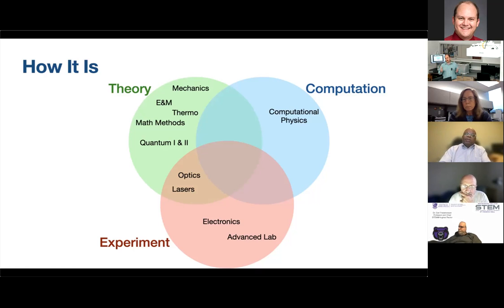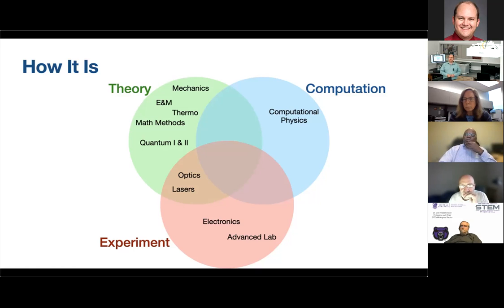A few years ago, Eric Ayers and I got talking over lunch about how wouldn't it be nice to actually build some computational pieces into all of our upper division physics classes. And then we got talking a little more and we decided, wouldn't it be nice to build some lab components into all of our upper division physics courses instead of separating them.